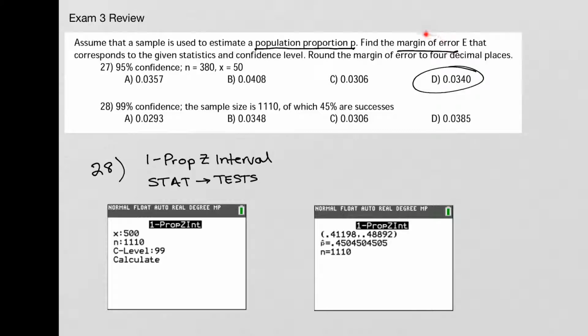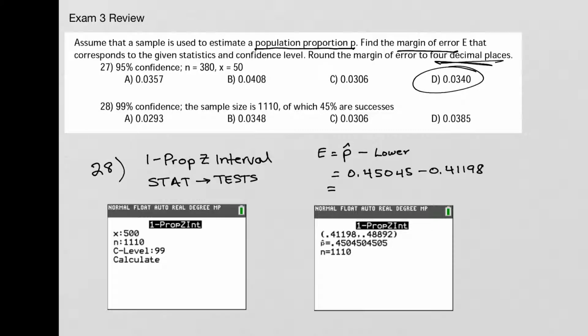And again, we need to find the margin of error. So I'm going to take p hat minus our lower limit, and this gives me 0.45045 minus 0.41198, and that's out enough decimal places that we'll get our answer to 4 decimal places.